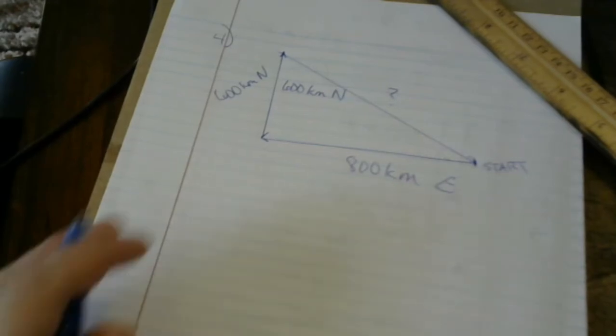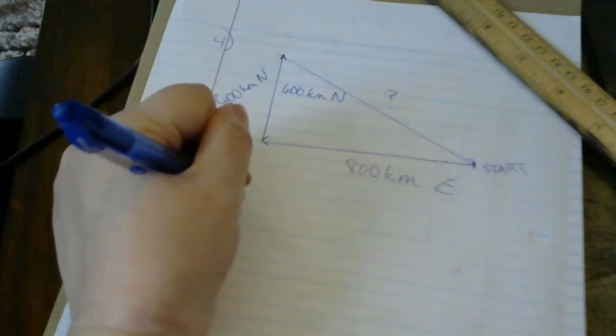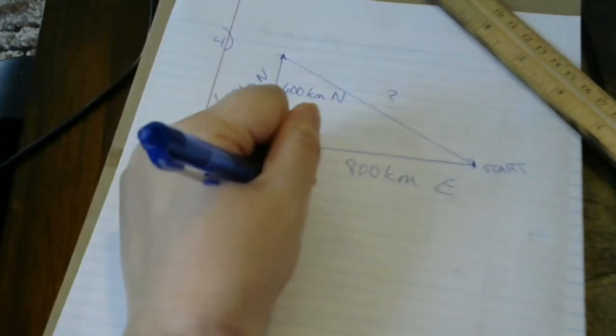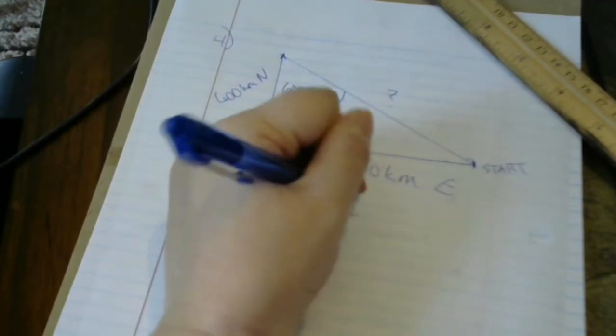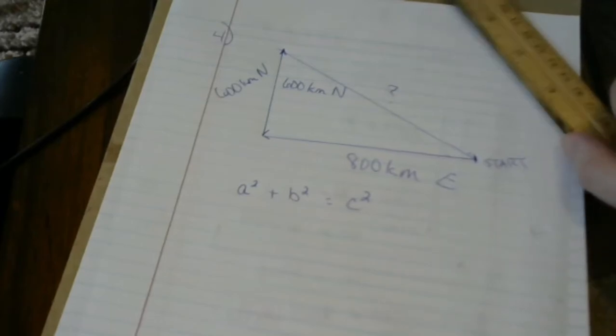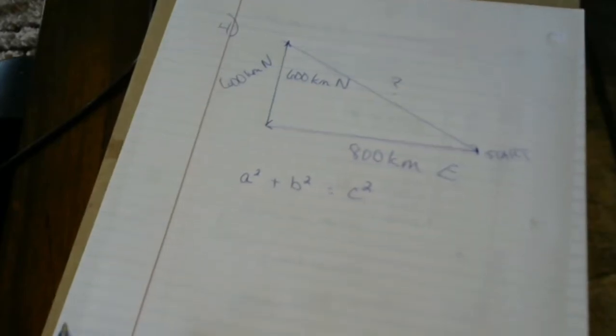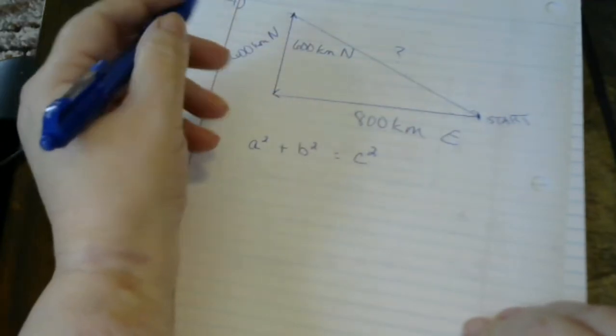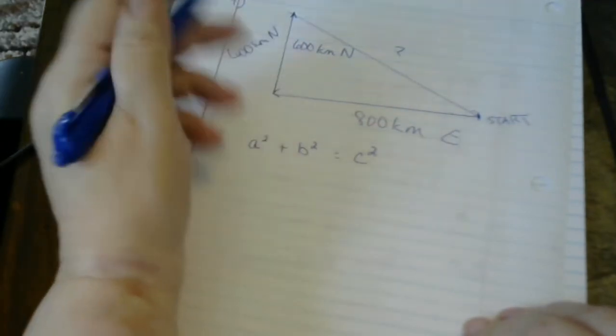Okay, so this is where we're going to use the Pythagorean theorem. And if you remember, the Pythagorean theorem is a squared plus b squared equals c squared. So you can choose either one of these for a and b.